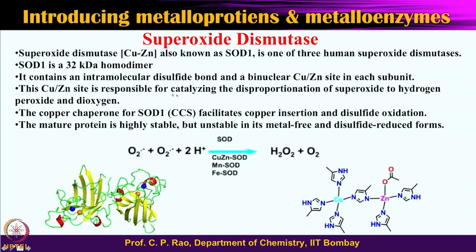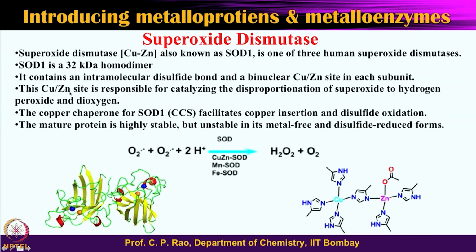It has an intramolecular disulfide bond and a binuclear copper zinc site, and this copper zinc site is absolutely necessary for the catalysis of the disproportionation of superoxide into hydrogen peroxide and dioxygen. So, if you do not have this, no reaction. Of this, the copper is the reactive, catalytic center, and the zinc is the structural center.